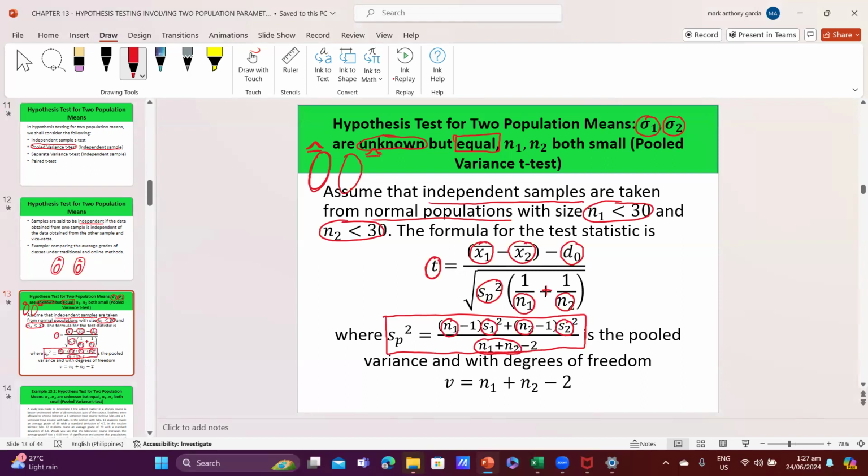Now observe here that the total of the two sample sizes minus 2 is our degrees of freedom, which is a parameter of our t-distribution. So we shall use this degrees of freedom in order to get the critical values later in our hypothesis test.